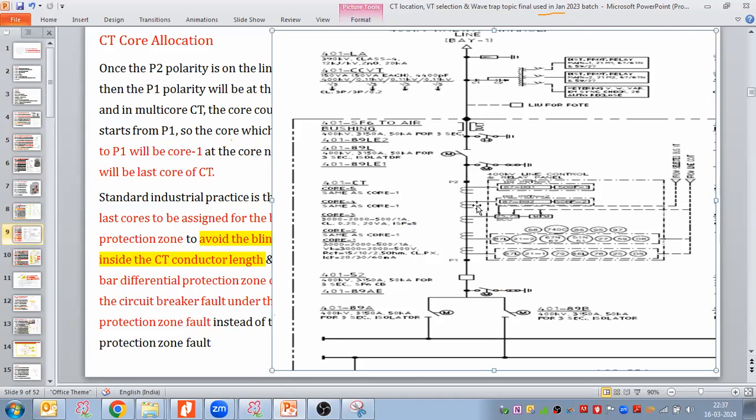So actually, that's the side of the secondary? Yes, core is same. So that means the side where we make the star point is changing when it changes from bus bar protection to line protection. Yes, okay, thank you.